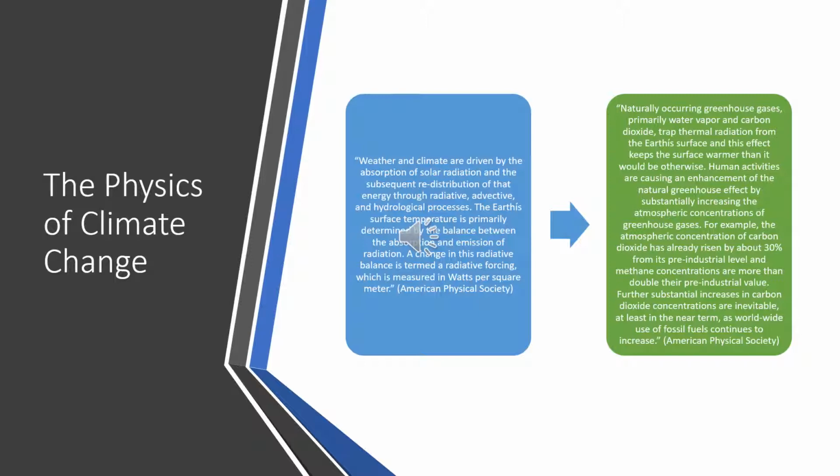For example, the atmospheric concentration of carbon dioxide has already risen by about 30% from its pre-industrial level, and methane concentrations are more than double their pre-industrial value.